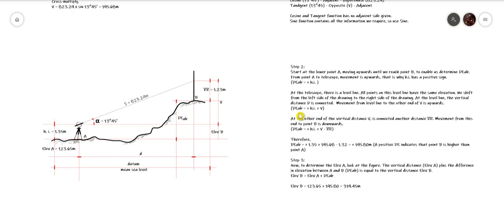So now, we have dE sub AB equal to positive HI plus V. Then, at the other end of the vertical distance V, is connected another distance RR. Movement from this end to point B is downwards. And finally, we have dE sub AB equal to plus HI plus V minus RR.